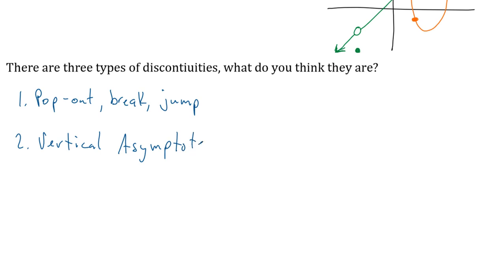And the third? A hole. You got it. Okay, so a pop-out and a hole are similar, just a pop-out, the function exists somewhere else. It still kind of looks like a hole, they're similar.